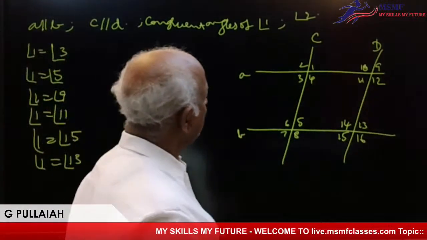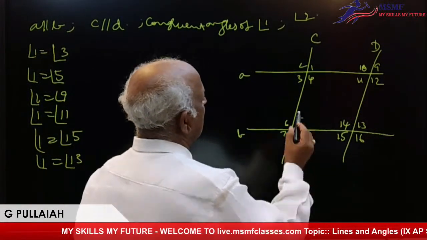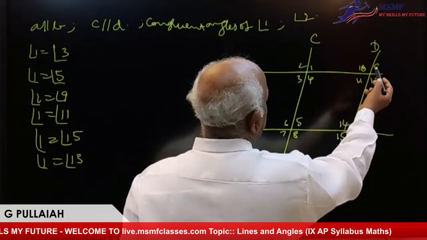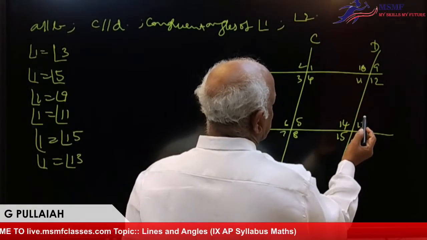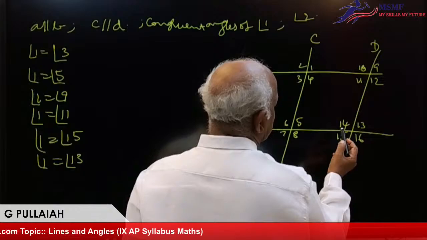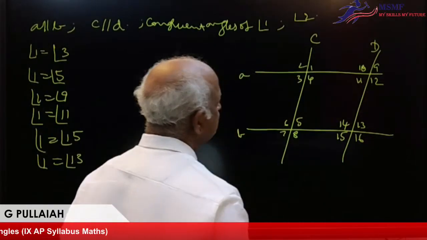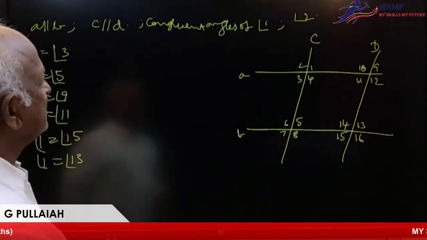Okay. So now angle 1 is equal to angle 9, angle 9 is equal to angle 12, angle 12 is equal to angle 13, angle 13 is equal to angle 15. Alright. Now let us take angle 2.